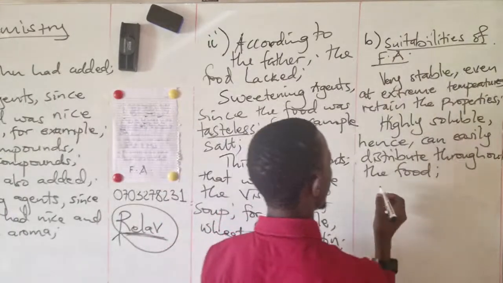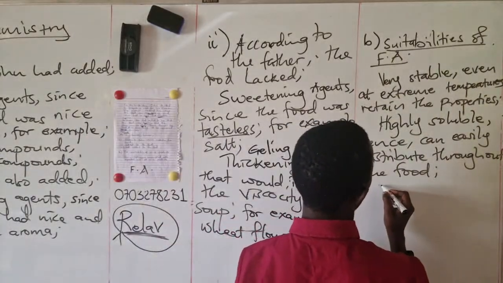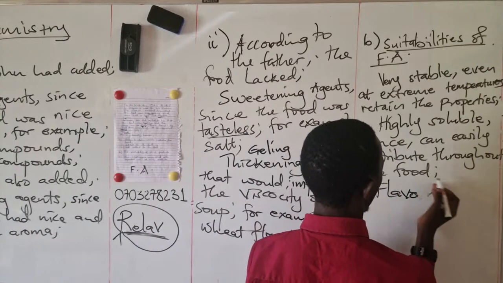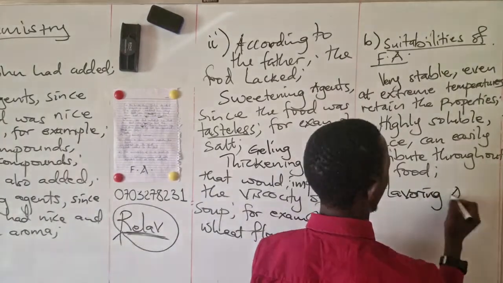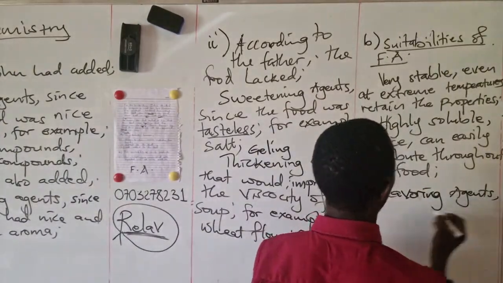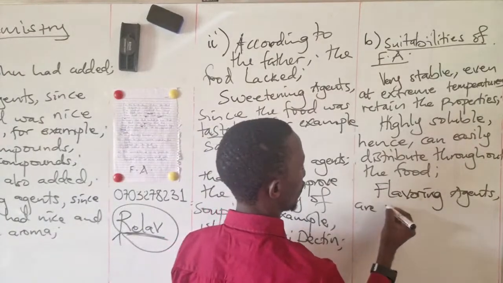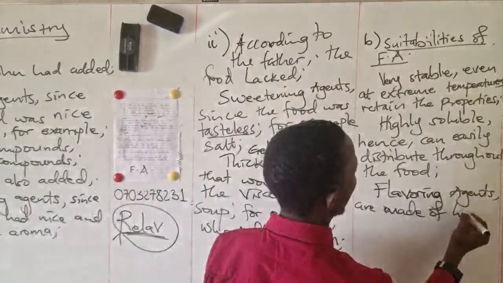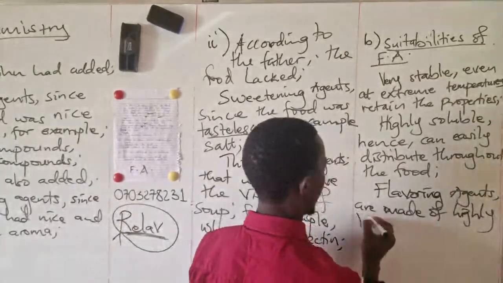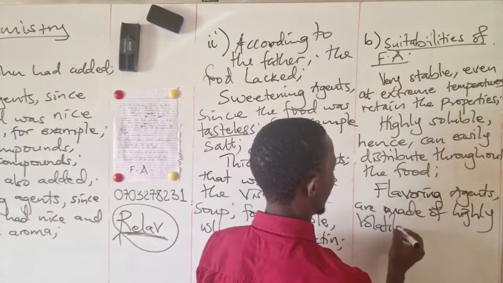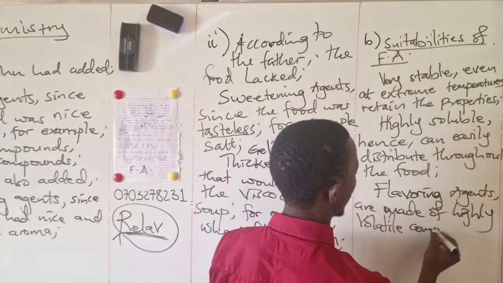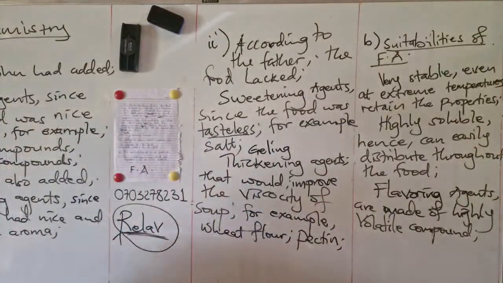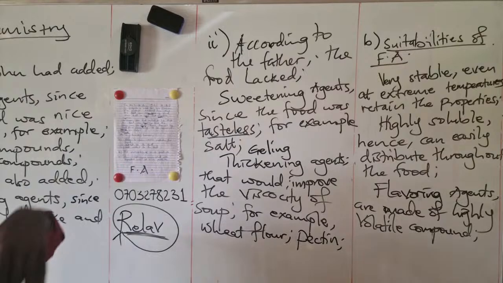We can talk about the flavoring agents. They are usually made of highly volatile compounds that can easily sublime to spread throughout air, to spread the aroma.